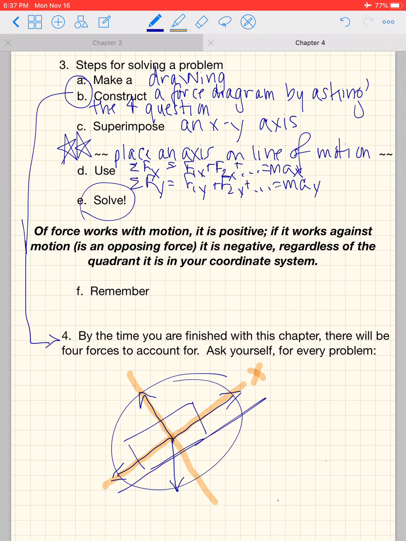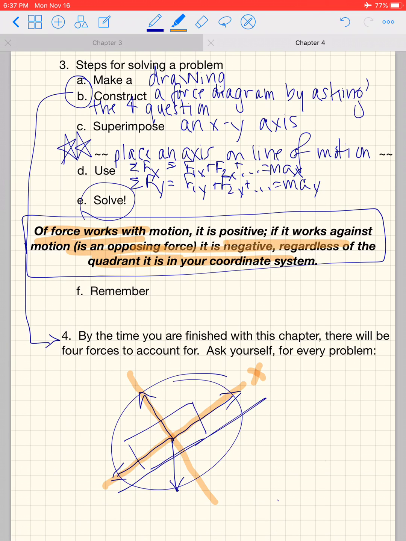This is very key here. Please make a big deal about this, and since I've discovered my highlighting tool here, let's go ahead and use that. I absolutely need you to know this. If force works with motion, it is positive. If it works against motion, if it's a hindering force or an opposing force, it's negative.